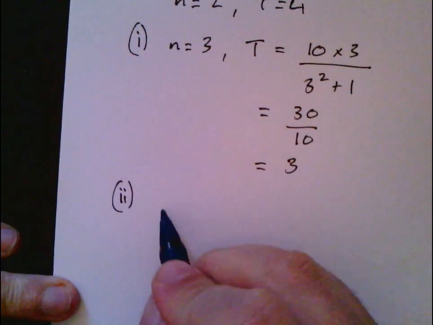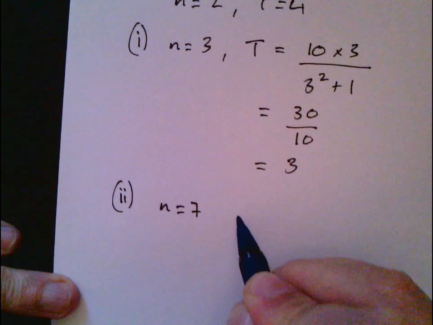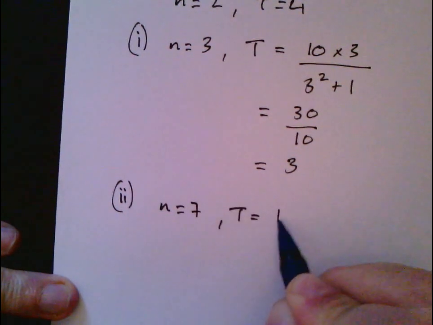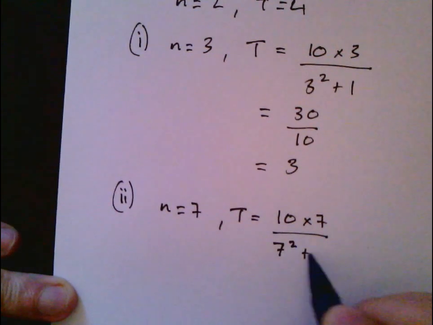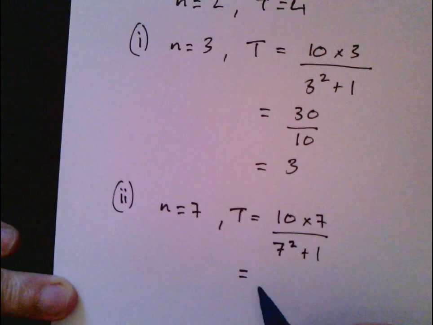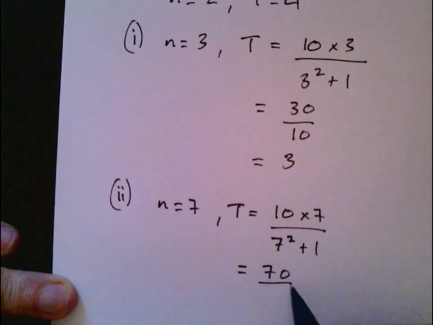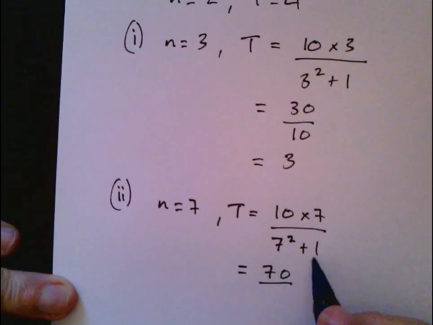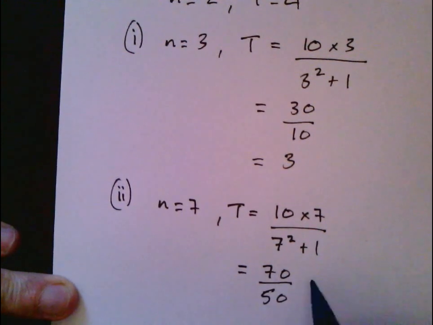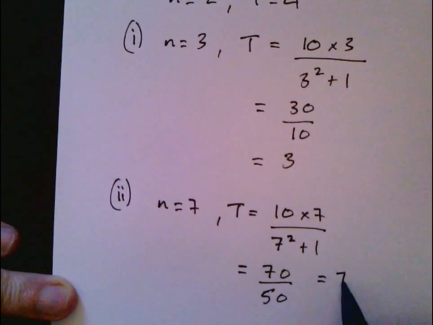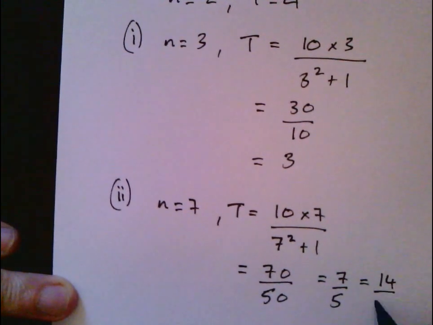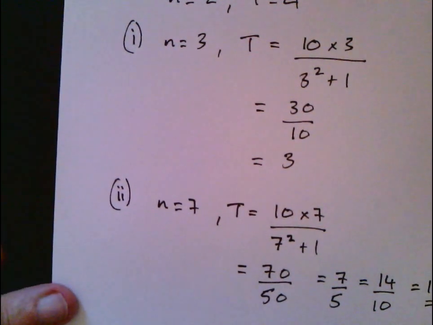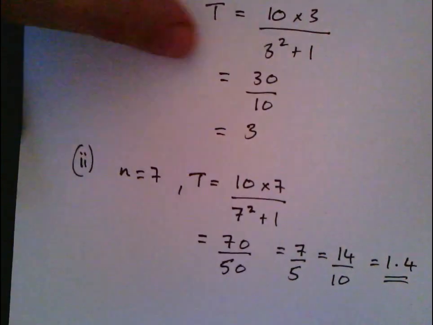So when n is 7, we know t is going to be 10 times 7 over 7 squared plus 1, which equals 70 divided by 49 plus 1, which is 50, which equals 7 fifths, which equals 14 tenths, equals 1.4. Oops, went off the page, sorry.